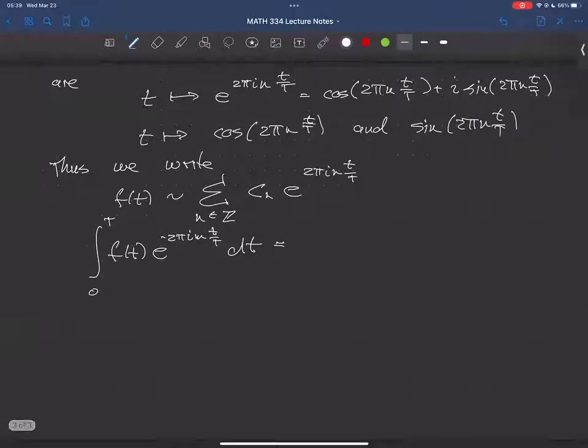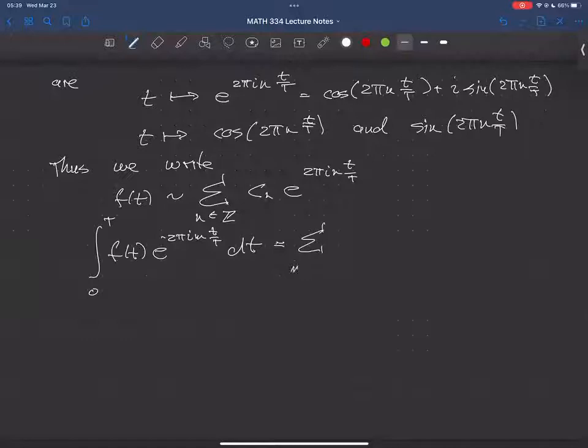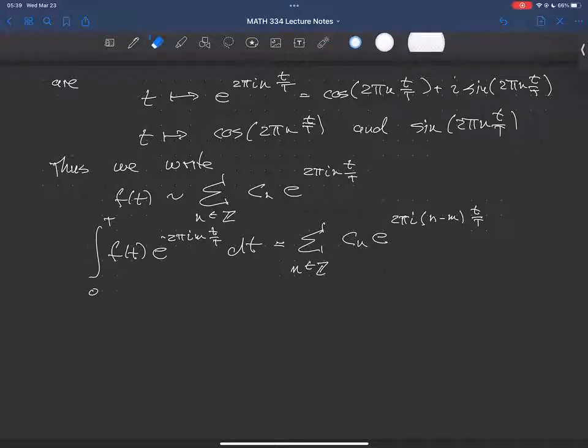Similarly, you can swap the integral with the sum, and you get the sum over n of c_n e to the 2 pi i (n minus m) t over T. All right. Oh, sorry, I forgot the integral here. Integral from 0 to T, dt. Okay.